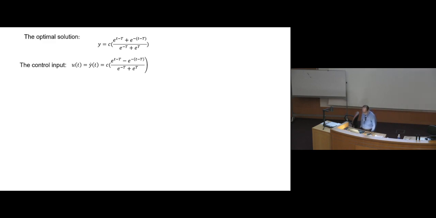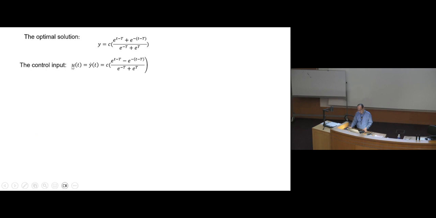All right, so let's look at a very special case. When the time duration t goes to infinity, because we are normally interested in the case of the steady state, right? At the steady state, what is the final form? So we know this is the optimal solution of the y.